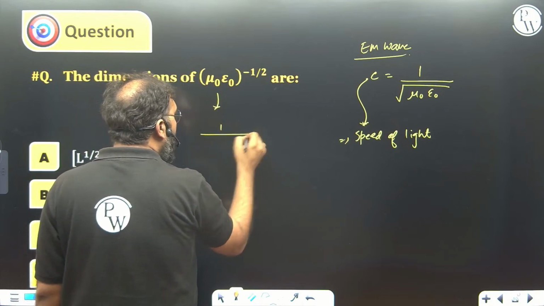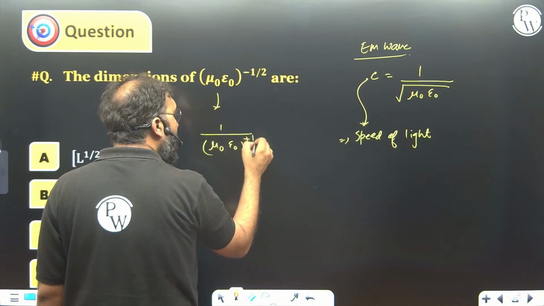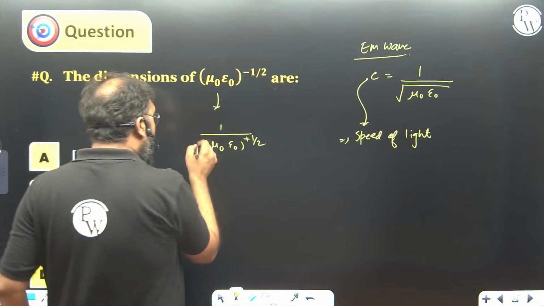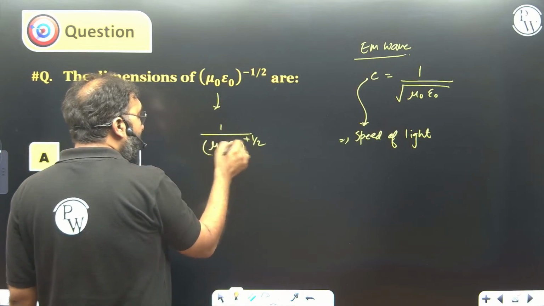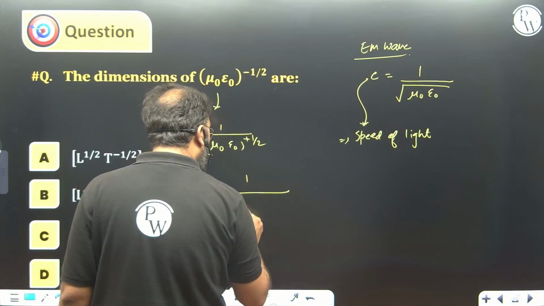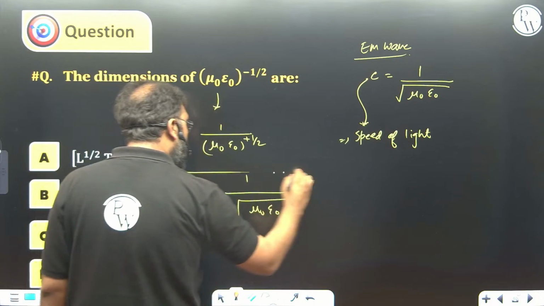This can be written as 1 upon mu naught epsilon naught raised to the power of plus 1 by 2, using the properties of exponents. Writing the power plus 1 by 2 means it is under root. This is 1 upon under root of mu naught epsilon naught, and this is nothing but the speed of light.